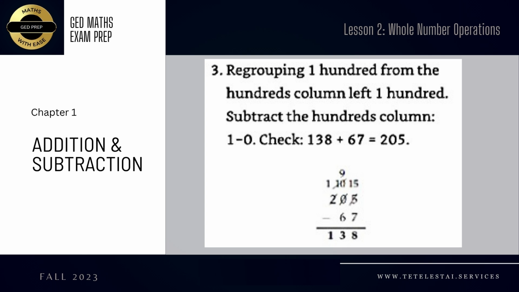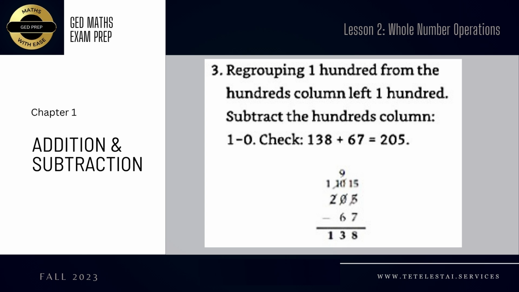And you can check your number by adding 138 to 67, and conceptually you can imagine, let's say you have 205 bucks and you want to buy an item that costs $67, right?